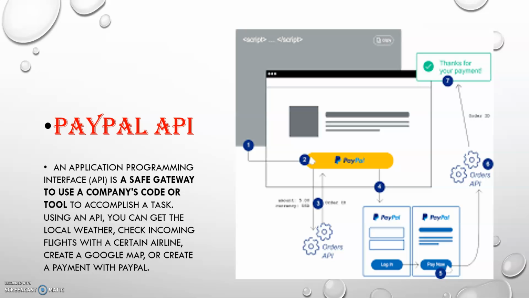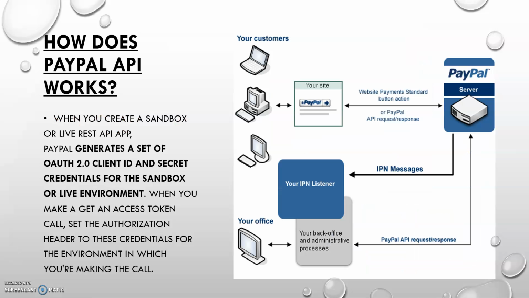So today I'll be creating the PayPal API for a sample website, and it is a very simple program. We will go through every step. PayPal uses the REST API and they call it the sandbox.